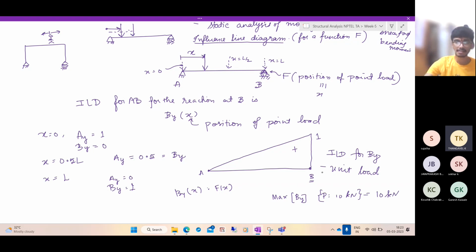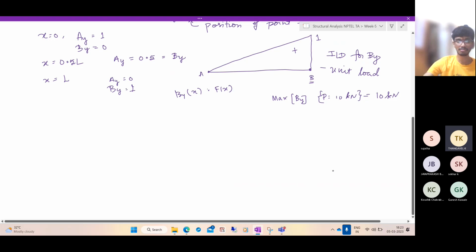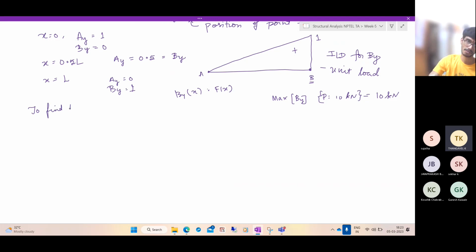So what is the trick? If you have to find the maximum of something, either support reaction or bending moment or shear force, get their ILD, which is for a unit load.